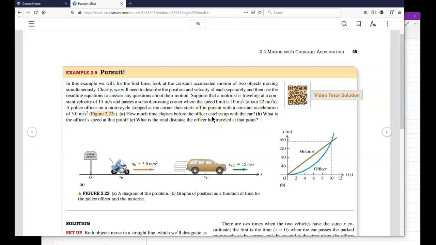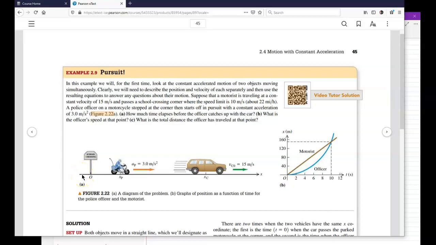Well, you can pause the video and think about it. But basically, the motorist, this SUV guy, he's traveling at constant speed. He's not accelerating at all, or decelerating. He's not slowing down. He's not speeding up. However, the one that is accelerating is the police officer. So let's assume the police officer started here.